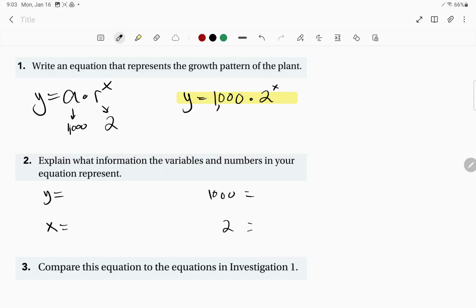The y represents the covered area. Okay, that's the total amount that's covered. The x represents how many months. So if it's after 10 months, you would plug 10 in there and so forth. And remember, this 1,000, that's the starting covered area.